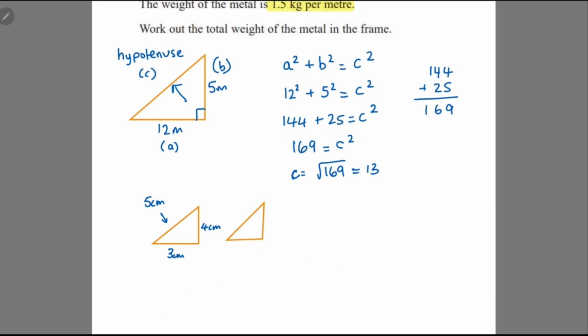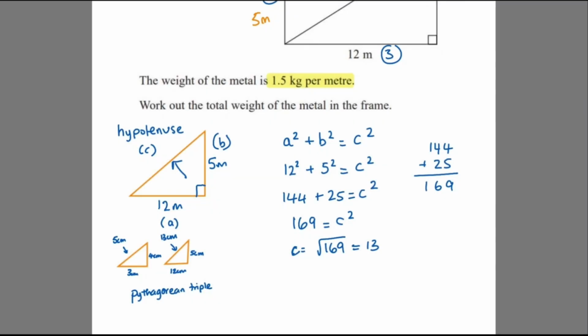And another one is the one we've just seen, where if a short side is 5 centimeters and another short side is 12 centimeters, or meters in this case, the last side, which is the hypotenuse, will be 13 centimeters. So these we call Pythagorean triples. You don't need to memorize them because you can just easily work them out.